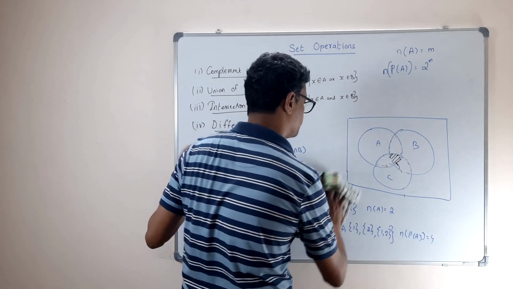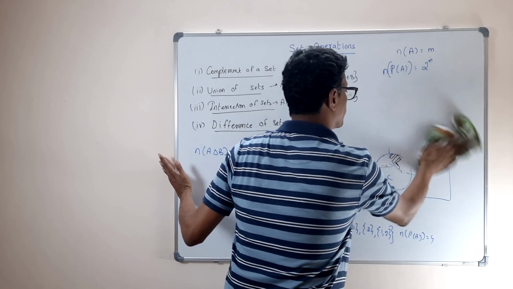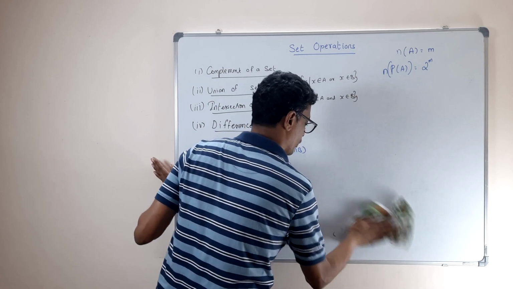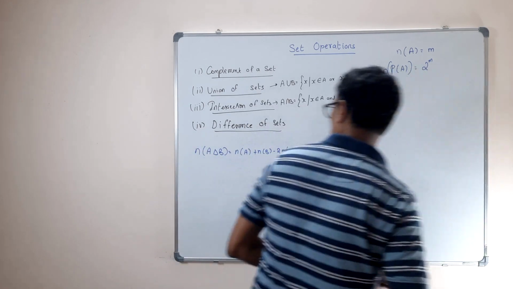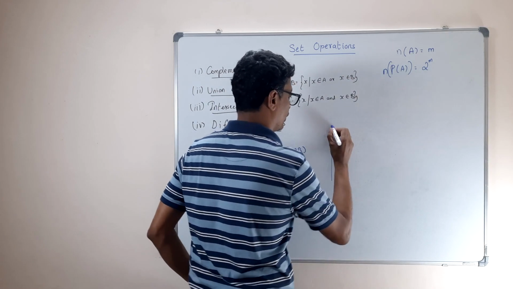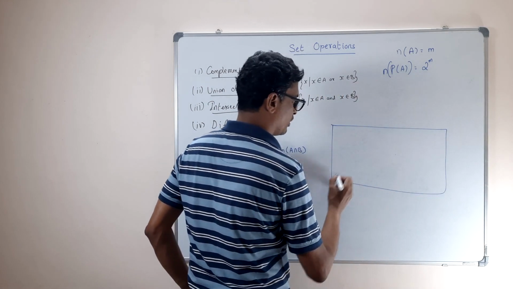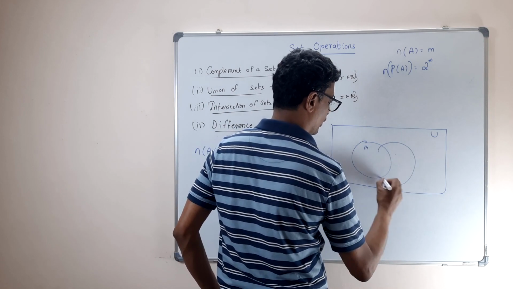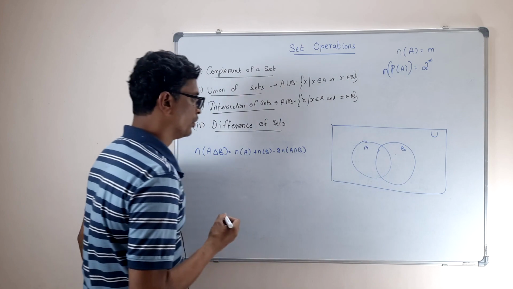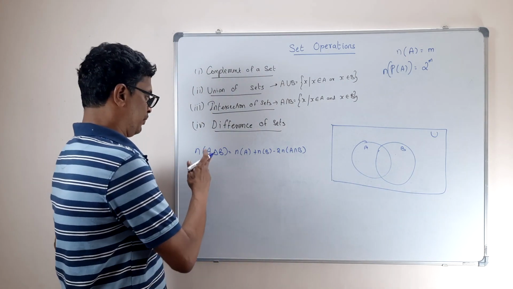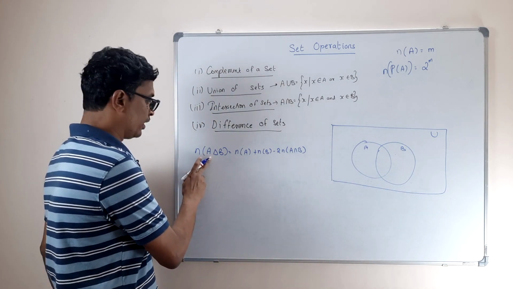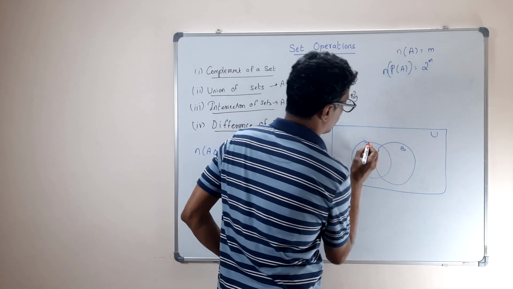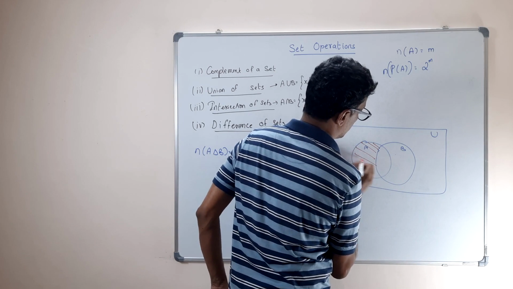Okay, let us see. What we are going to do is have this Venn diagram of A, this is the universal set, A, this is B. The symmetric difference of A and B is what? A within B, but without the common portion, right? These are the ones we have.